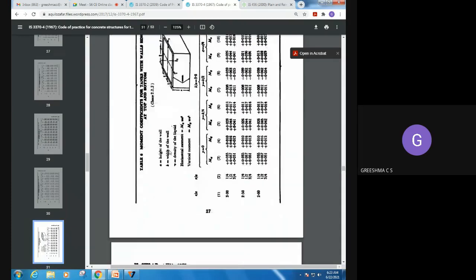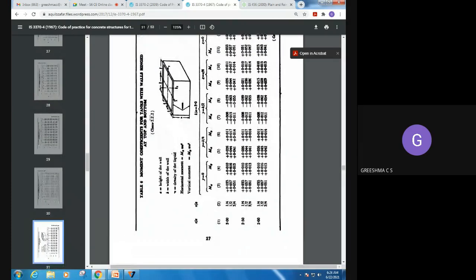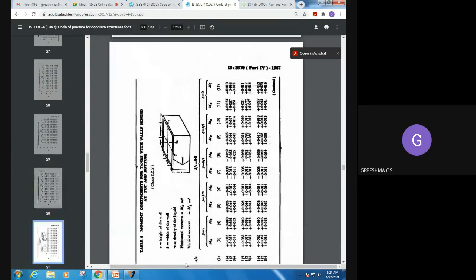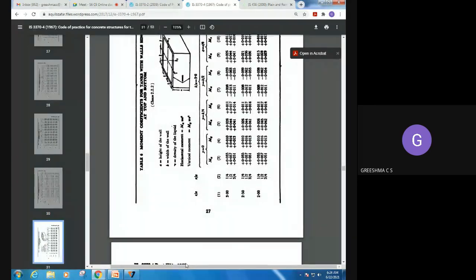Table 6 is also about the bending moment coefficient, for a water tank with the walls hinged at the top and bottom. They are actually telling about rectangular water tanks. You can see this figure, they are mentioning rectangular water tanks.